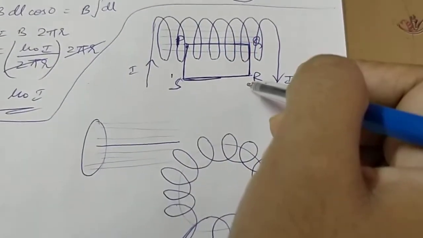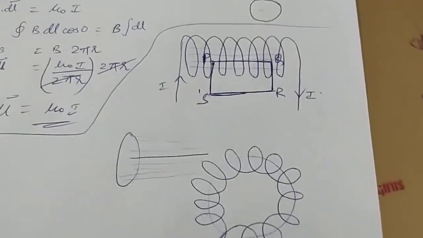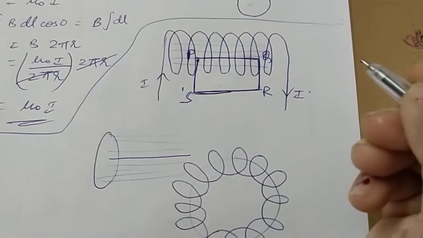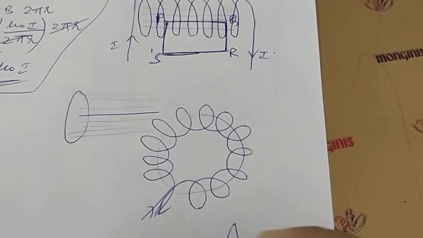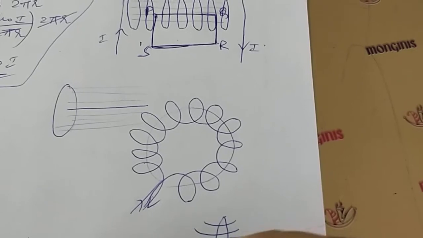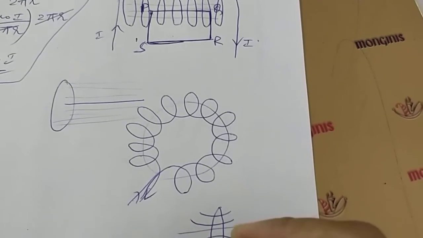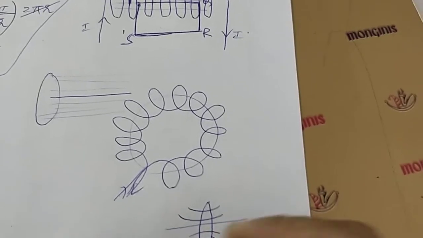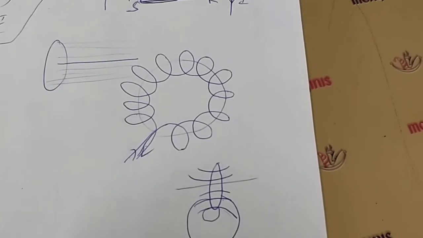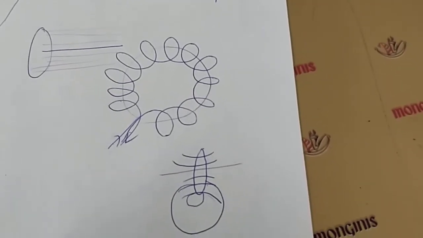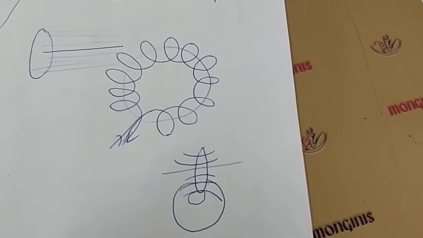This part is outside the solenoid. Just outside the solenoid, the magnetic field is 0. Why is it 0? See, you have this coil, and this is the direction of the magnetic field. But when two coils are close together, there will be overlapping, so when two loops are closer, it becomes like this.